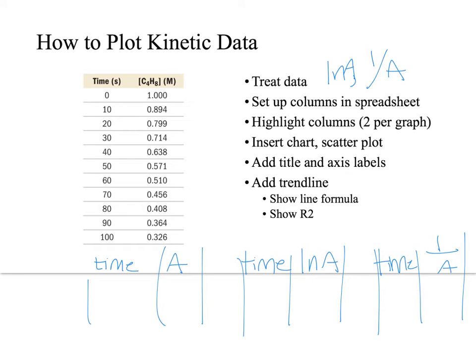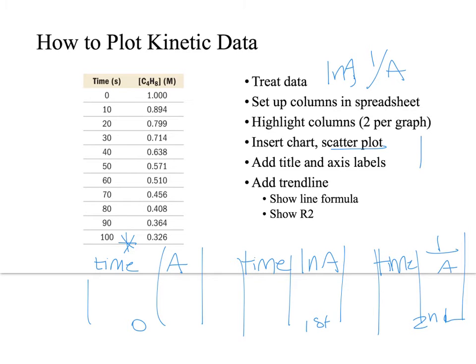You highlight 2 columns at a time, so I would highlight the 2 here that would give me the 0 order data set, this is the first order, and this is the second. So I would highlight the columns, and then I would insert chart, scatter plot.